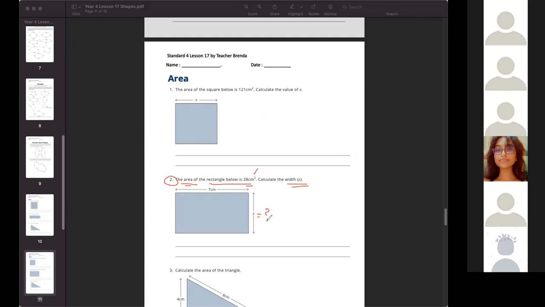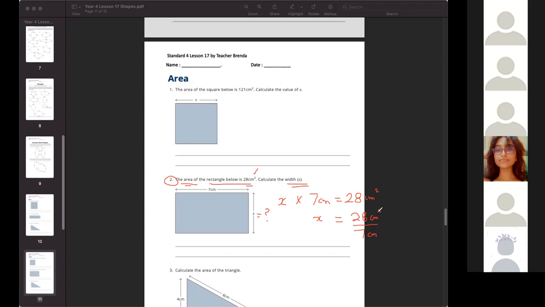Very good. Somebody gave me already. Come on, the rest. In other words, X multiplied by 7 centimeters will give you 28 centimeters squared. This is what you must write. X is equals to 28 centimeters squared divide by 7 centimeter.